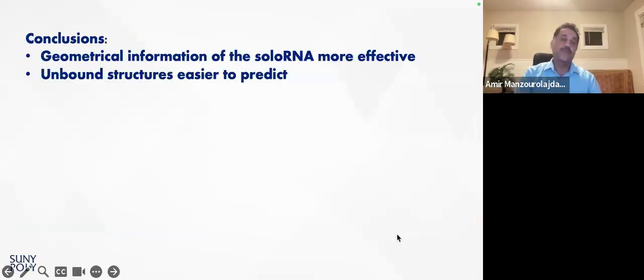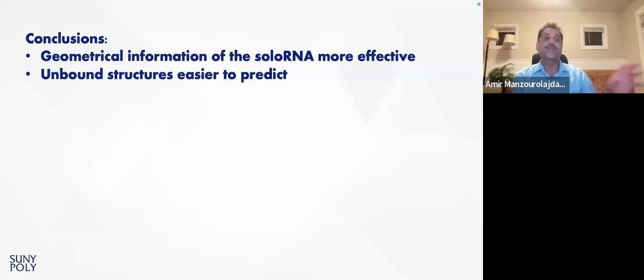So what we learned was that the simple geometrical structures of just solo RNAs, such as microRNAs and others, can be more useful in predicting sequences of a riboswitch that is not seen in the training data set. Here, the TPP riboswitch. This is even more so than using other riboswitches.